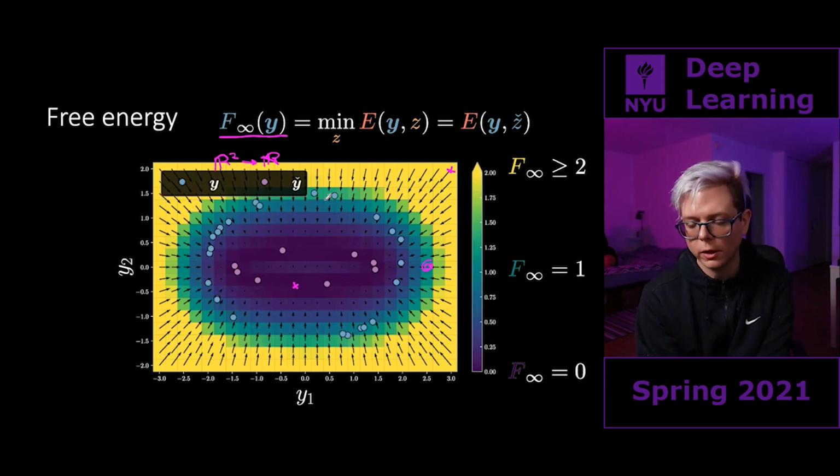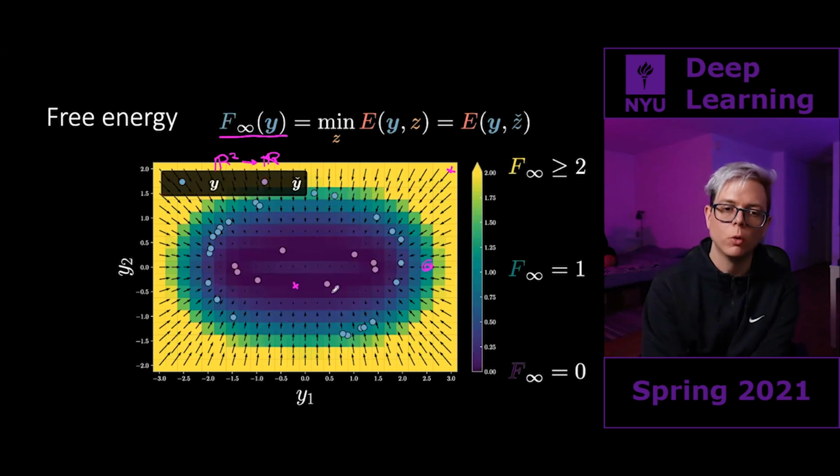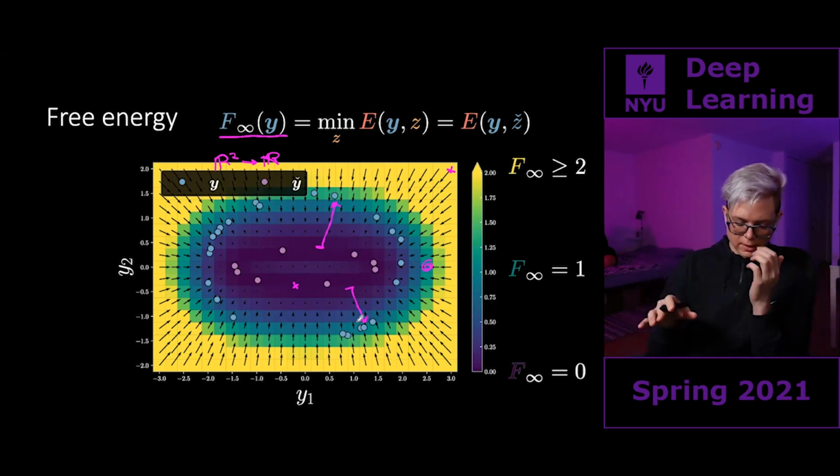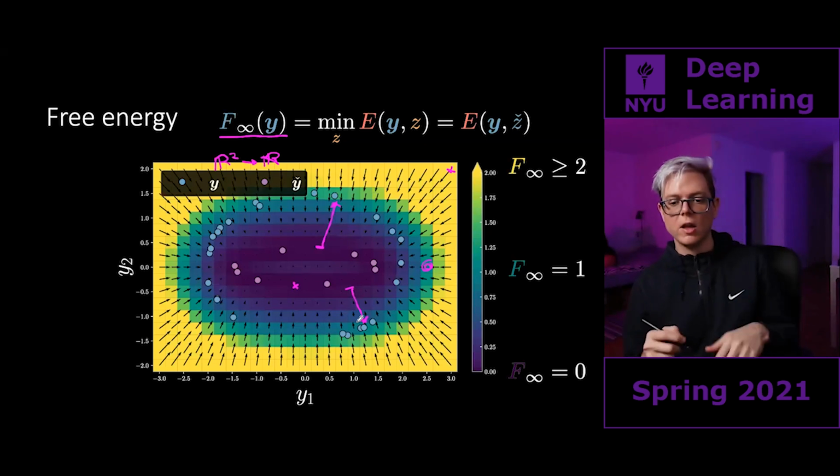And that's what we're going to be doing next week. We're going to be learning how to move this region under these points over here. This is going to be learning. So moving the energy is learning.